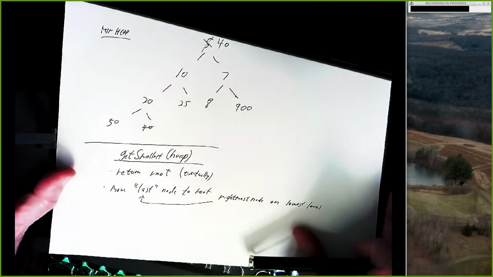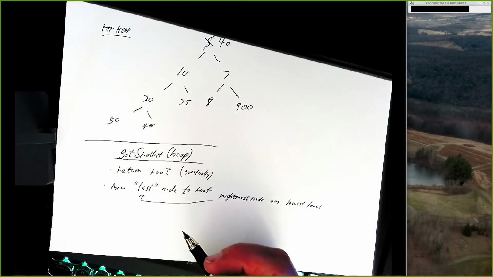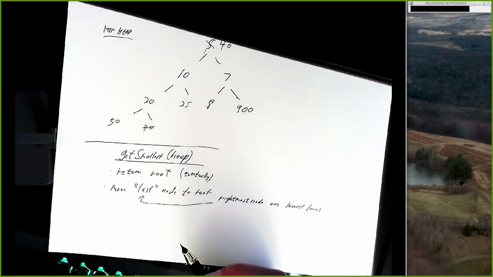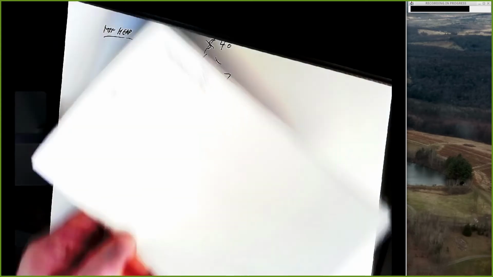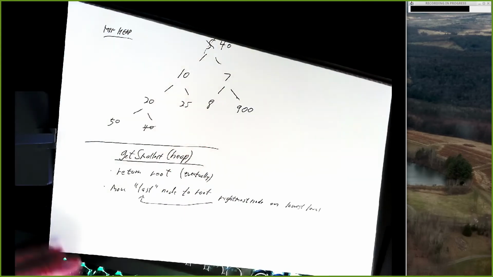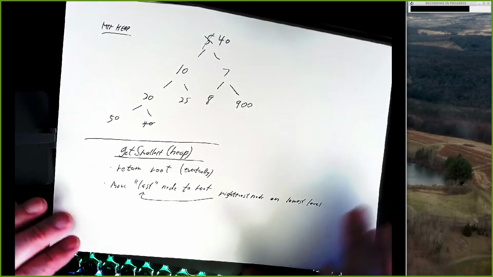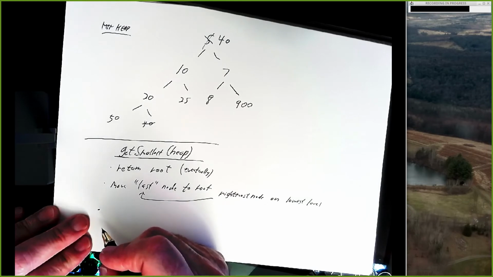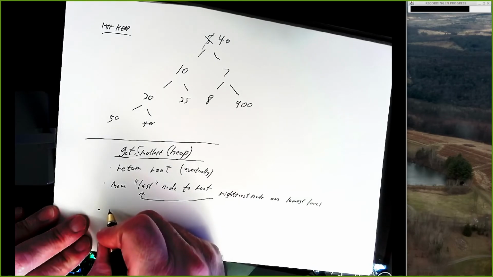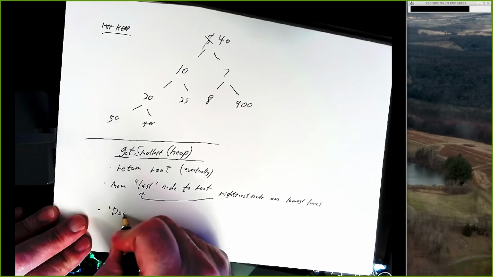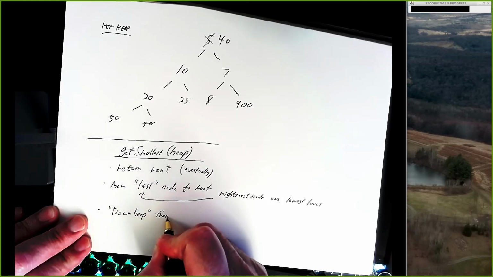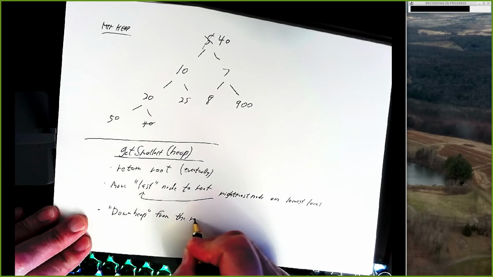You could probably swap the 40 and the 7 and not cause any problems, right? Probably. So what we're going to do is what's called down heap. So we're going to down heap from the root.